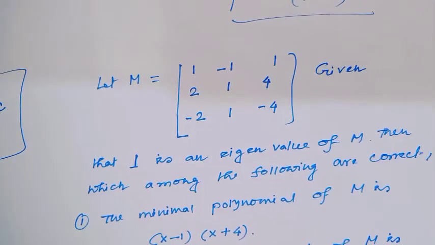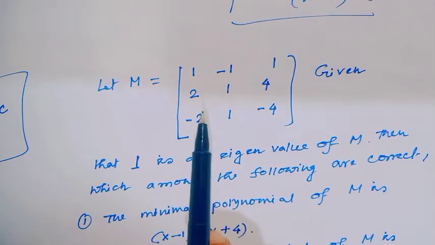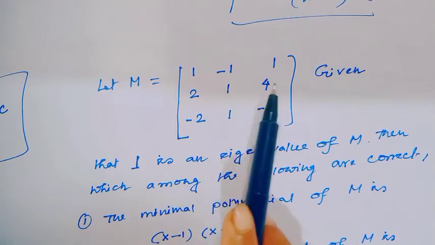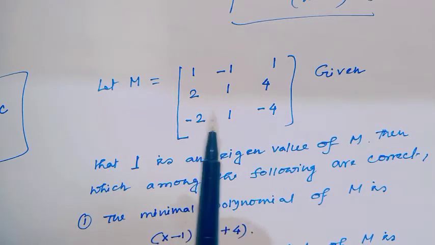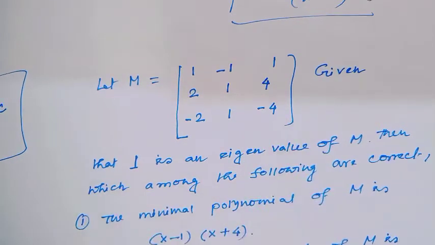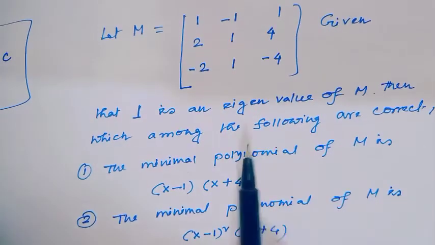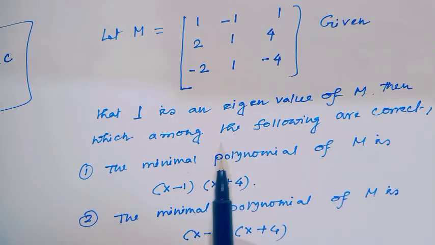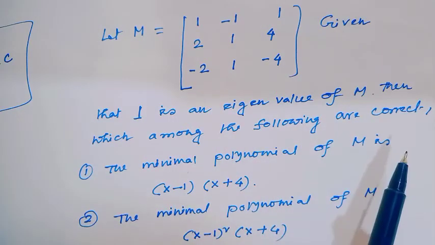The question is: consider the matrix M whose entries are 1, minus 1, 1, 2, 1, 4, minus 2, 1, minus 4. Given that 1 is an eigenvalue of the matrix M, which among the following are correct?